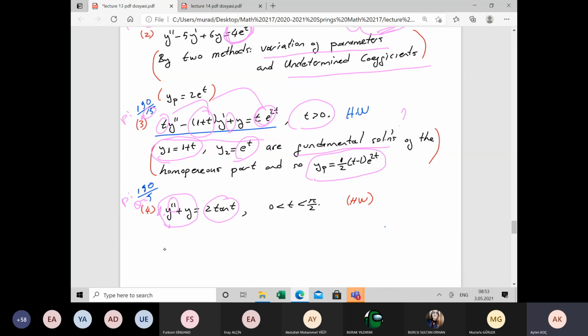But how to find the particular solution? Of course, you have to use variation of parameters, because this one is not sine t or sine 2t or plus cosine. This one is a quotient of sine and cosine, so the method of undetermined coefficients is not valid here.